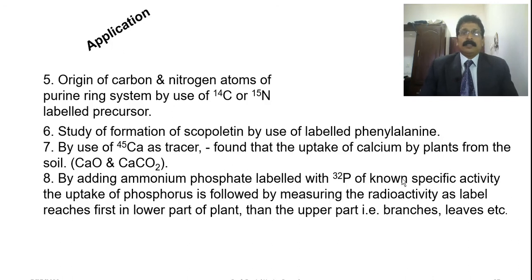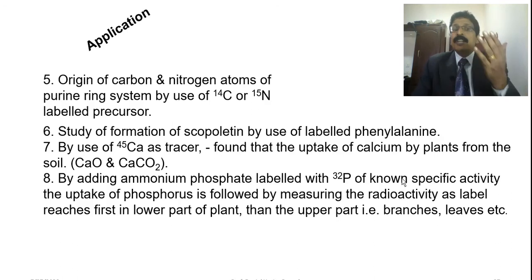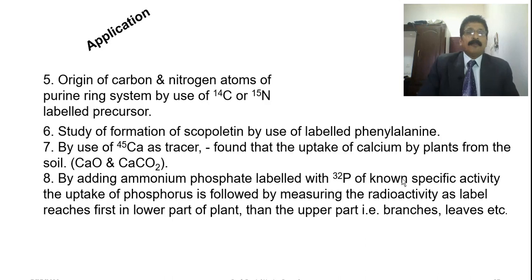And number 7, by use of calcium 45 as tracer, the intake of calcium by the plant from the soil, such as calcium oxide and calcium carbonate, can be identified.